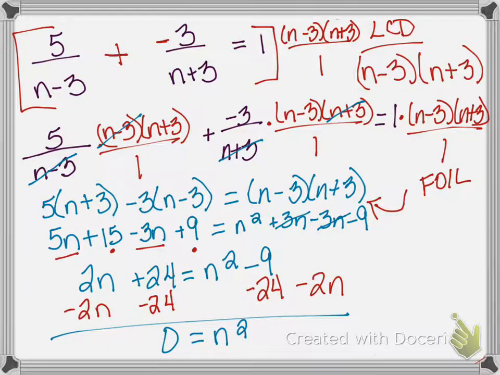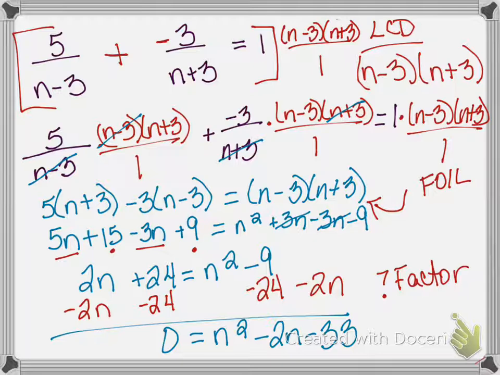I don't have anything to combine with that -2n, so I just rewrite it as -2n. What is -9 and -24? How about 33? -33. You're totally fine.